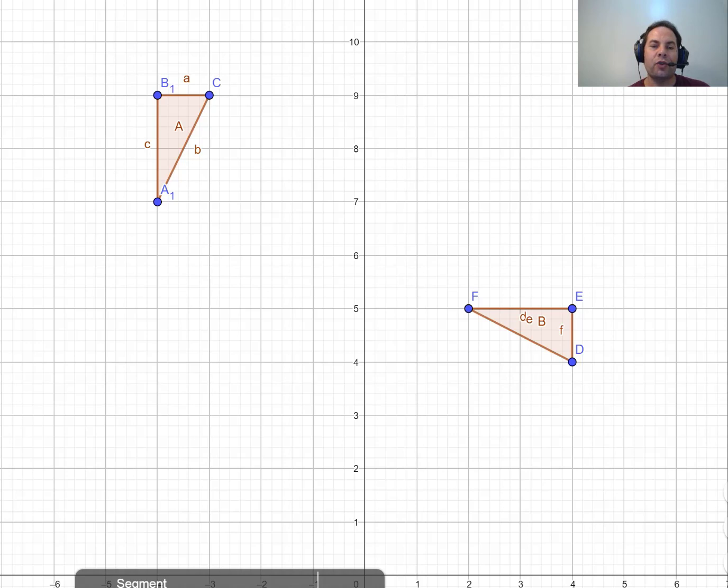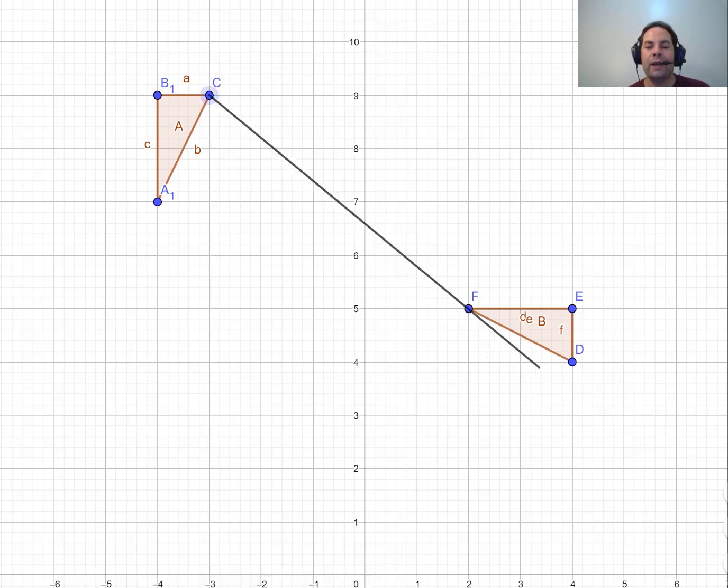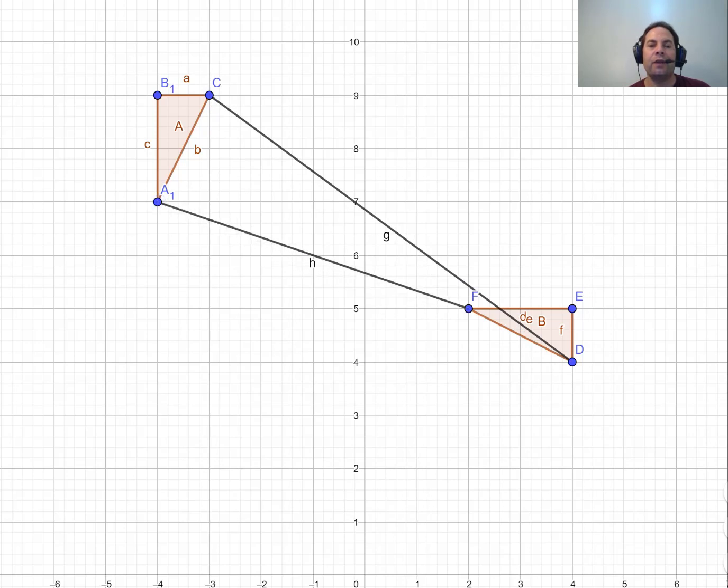Just start by joining point C and its corresponding point D. Point A, its corresponding is F. Point B, the corresponding is E. If all intersect at only one point, it will be rotation 180 degrees. So this is not rotation 180 degrees. So this rotation is 90 degrees.